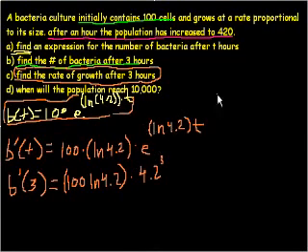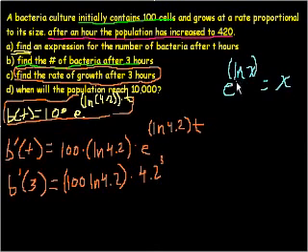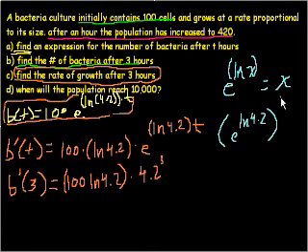But it's actually a pretty important thing to know, that e to the ln of x is just equal to x. Because ln of x is essentially saying, what exponent do I have to raise e to get x? So if I raise e to that exponent, I get x. So that's all I'm saying here. That this right here is the same thing as e to the ln 4.2 to the t, right?